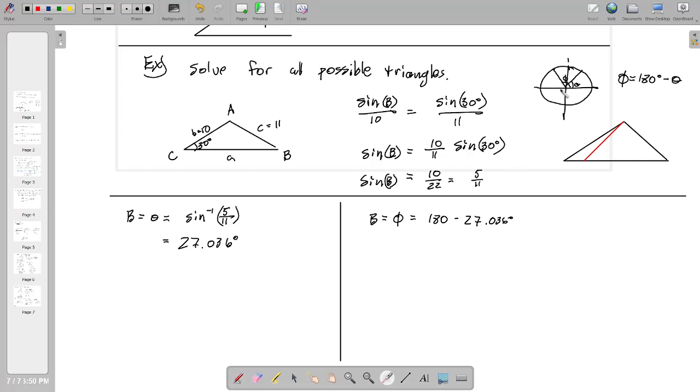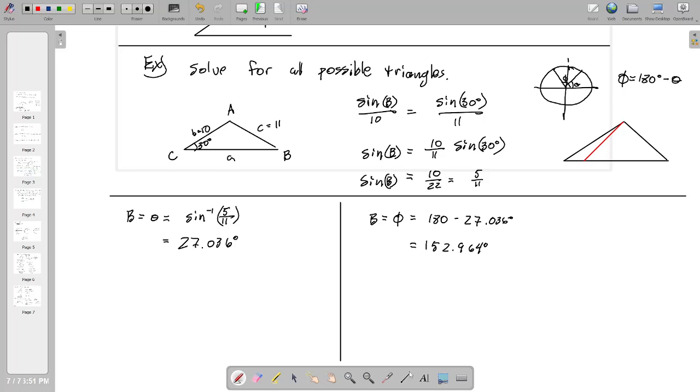And again, that's because we can play with our angles. This measurement here is the same thing as theta. And since it completes 180 degrees with phi, we know that phi plus theta is going to equal 180. And this ends up being 152.964 degrees.